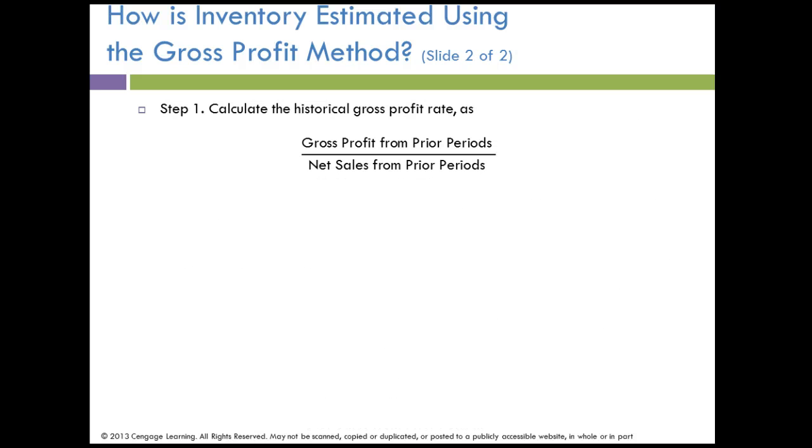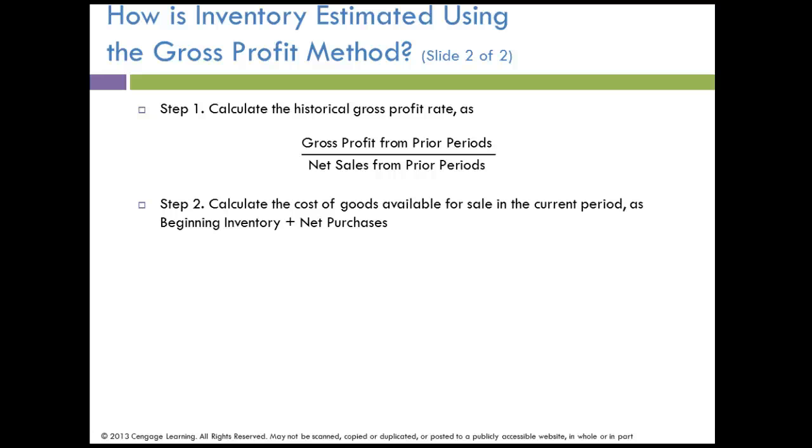So basically, the way this works, we're going to take our gross profits from the prior periods, divide that by our net sales from the prior periods. That calculates what we have historically had as that gross profit rate. Then we're going to calculate the cost of goods available in the current period.